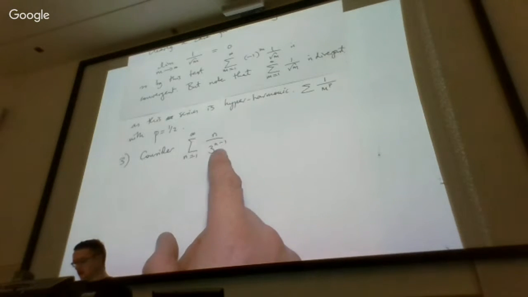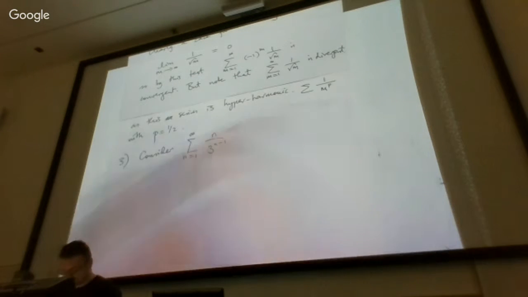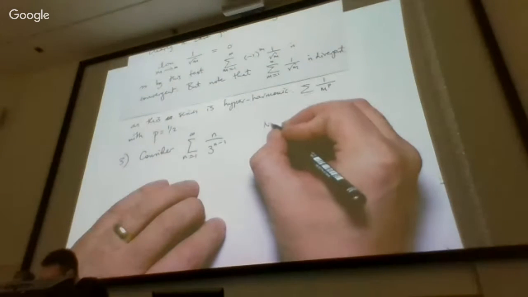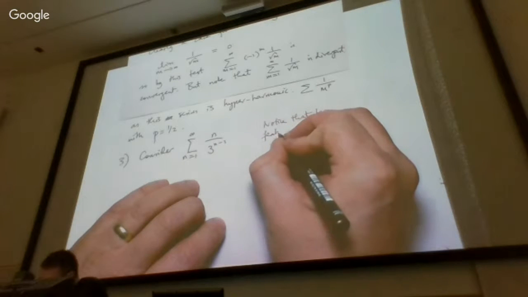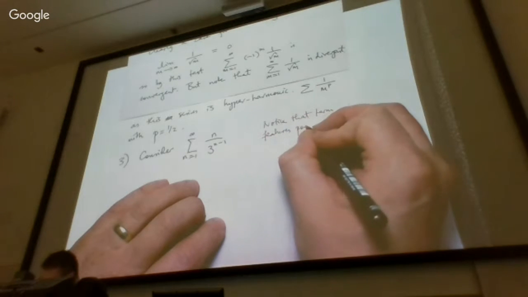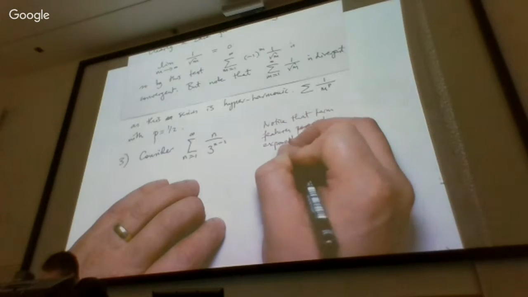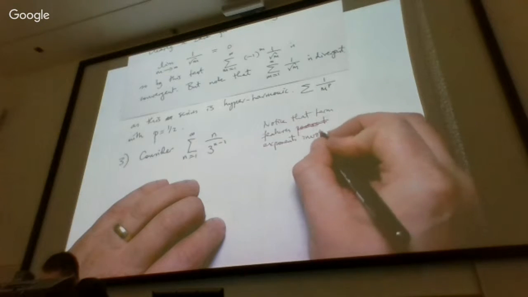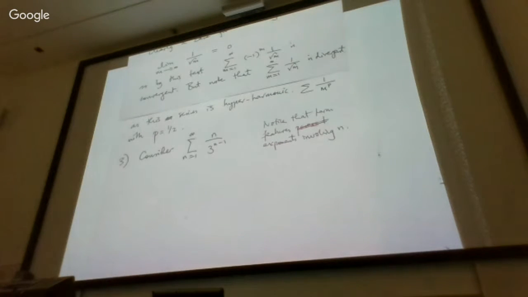And this is because of the powers of a quantity here, where the power is a function of the index variable n. Okay? So notice that the term features exponents involving n, where n or some simple function of it is appearing in the exponent in the term.